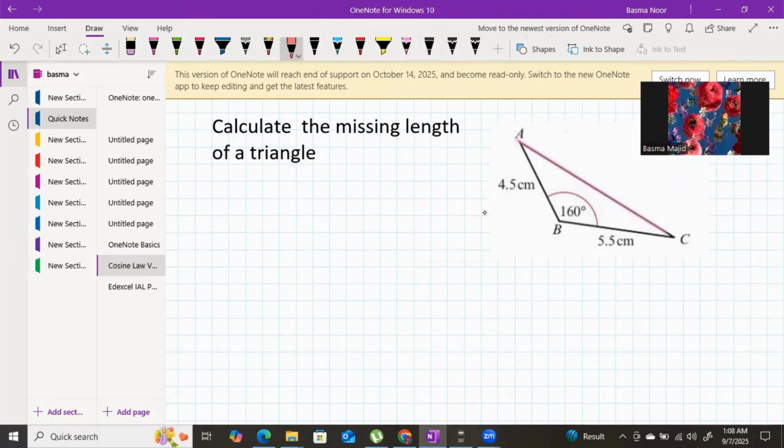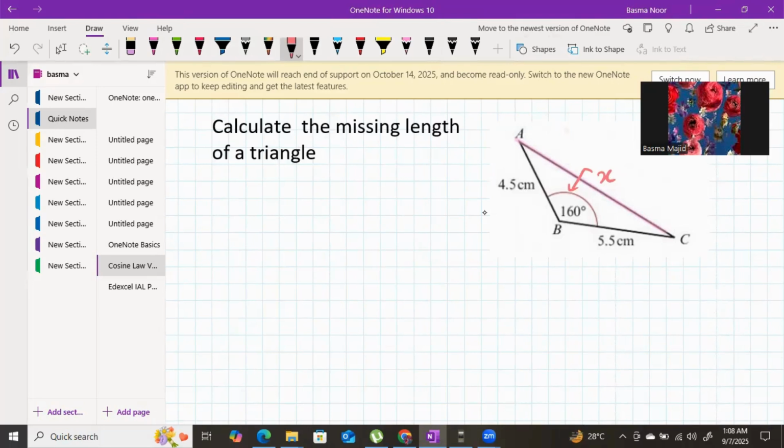We're going to name the missing side X, and we make sure that the opposite angle to X is given, and yes, that is given. AC is missing and the opposite angle to AC is 160, which is given here.